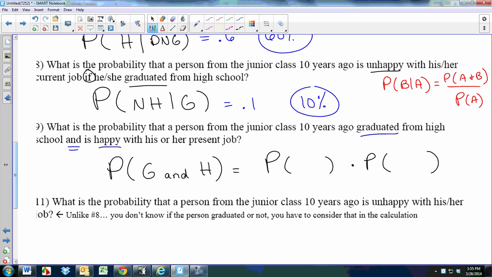Now I'm going to insert the letters H and G. And watch what happens. I'm going to just write over top of them. If I put H, G over top of the B and the A, this says G and H, and the A now says G.